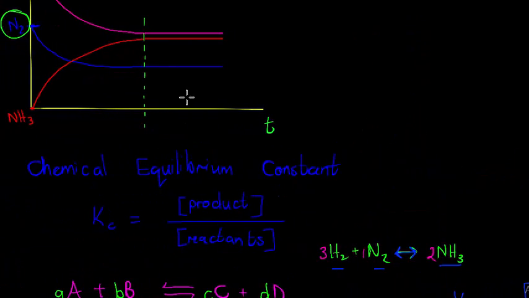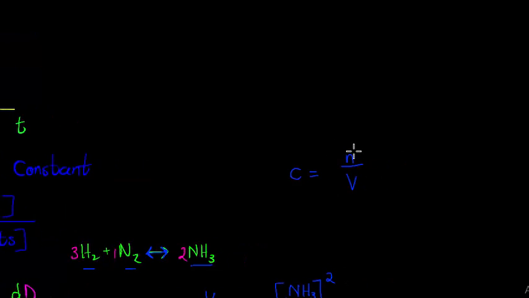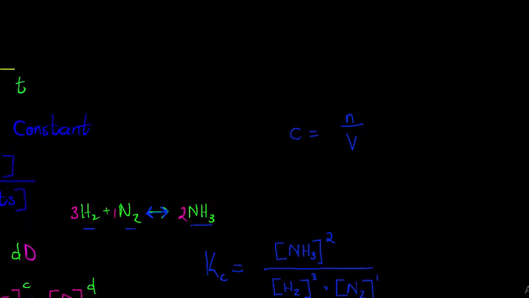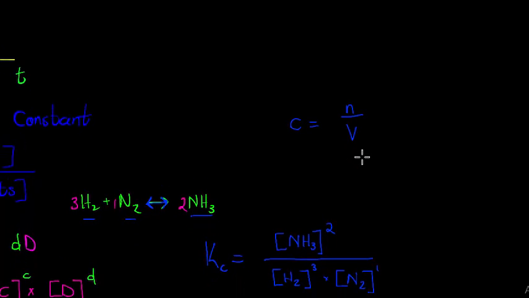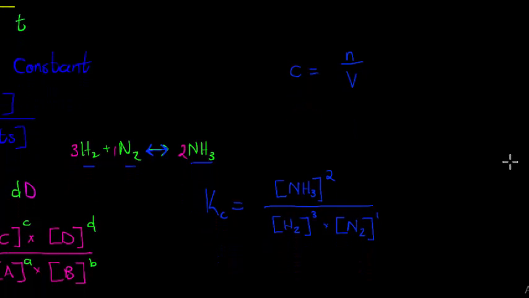I can read them off here on the side, and then that would be moles divided by the volume. For all three of these, the volume would be the same because the system is closed. They're all occurring in the same volume. So this is an example of how you can calculate concentration. It's not the only way, but most definitely the most common way.